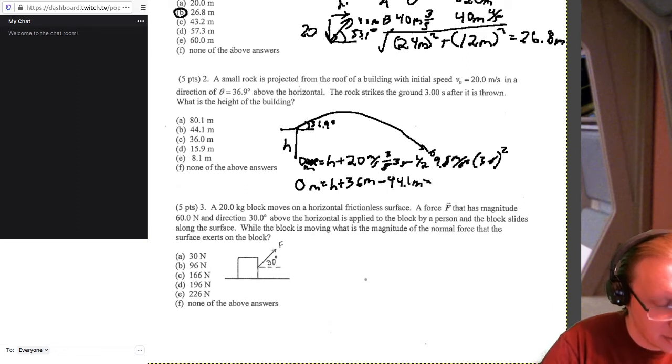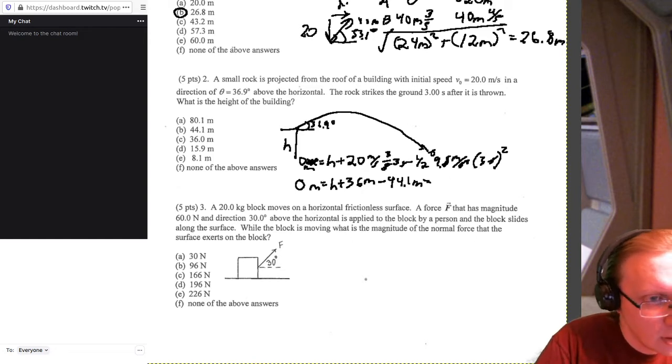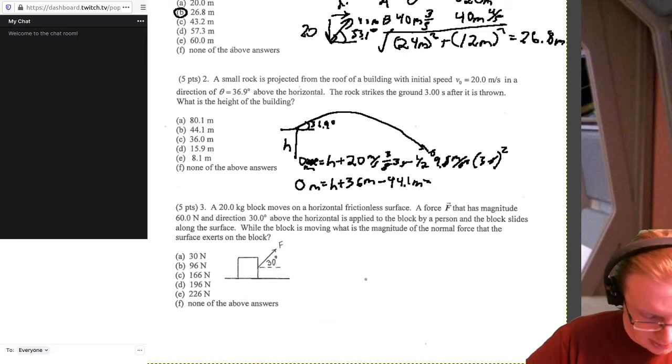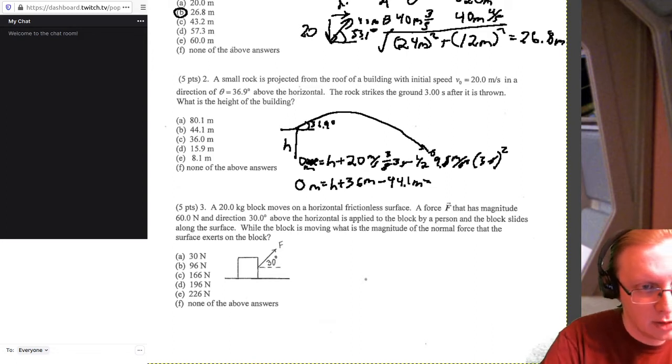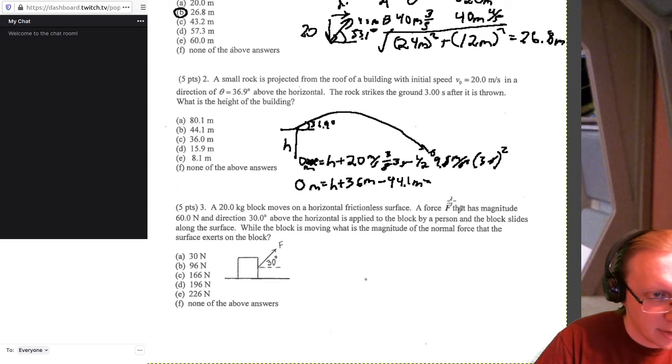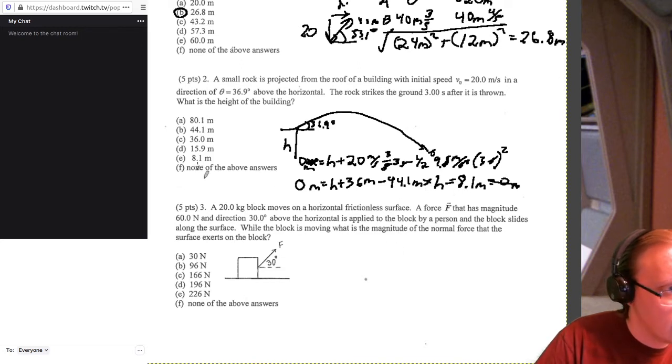So 36 minus 44.1 is minus 8.1. So we end up with h minus 8.1 meters is equal to 0 meters. Therefore, h is 8.1 meters.